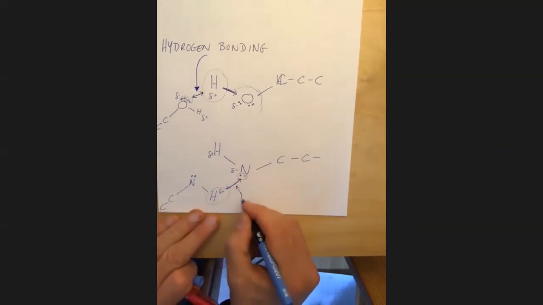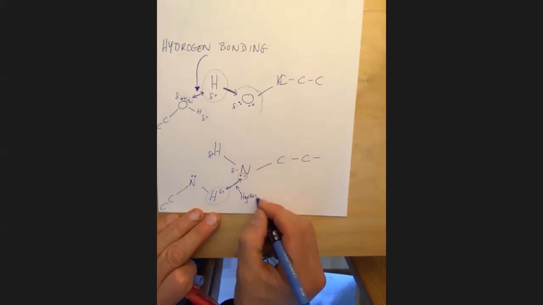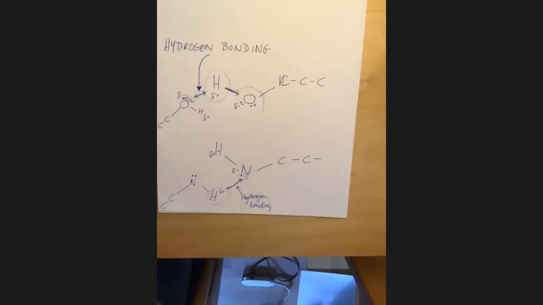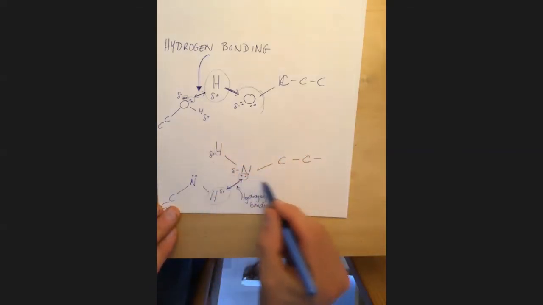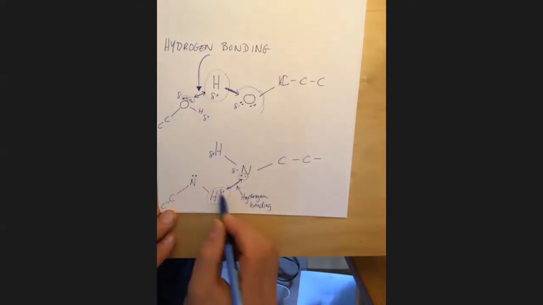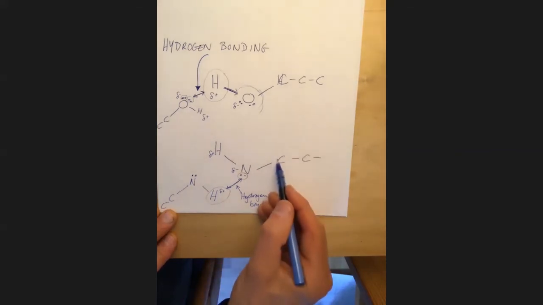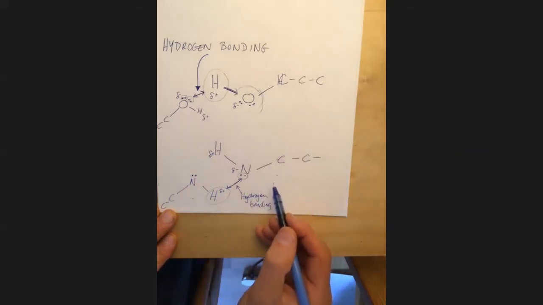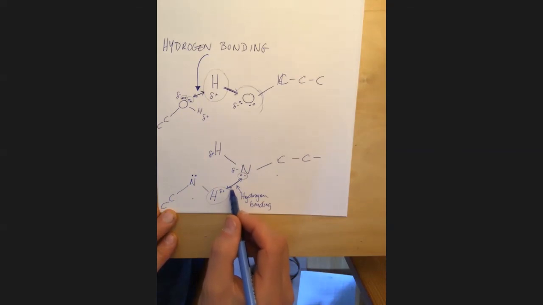That's the hydrogen bonding. It's an intermolecular force. Here's one molecule, here's a second molecule. This hydrogen bond is holding these two molecules together. And it's a reasonably strong bond.